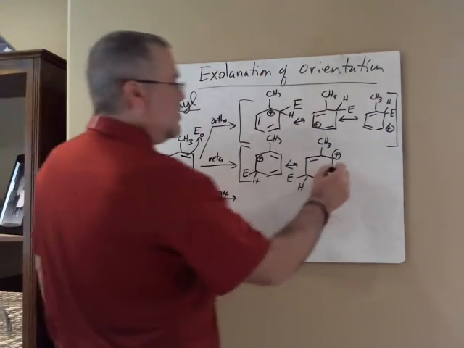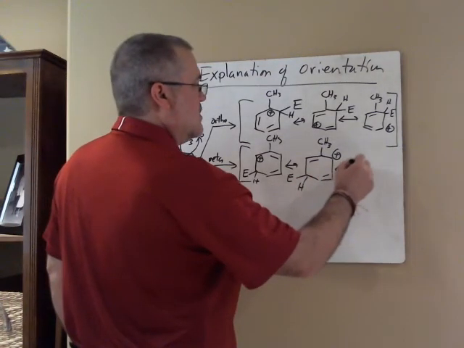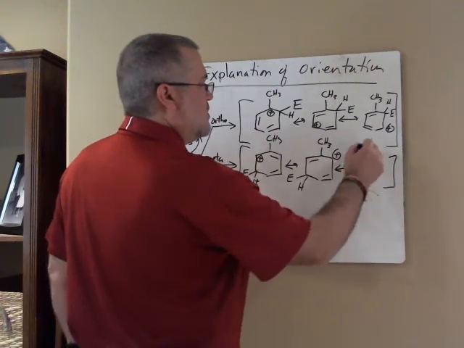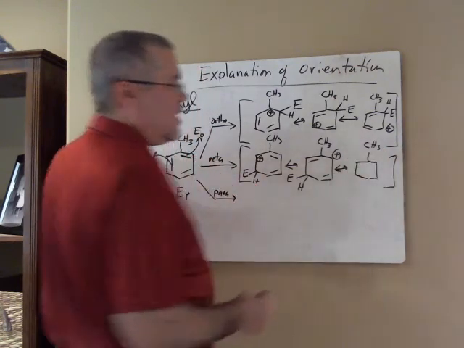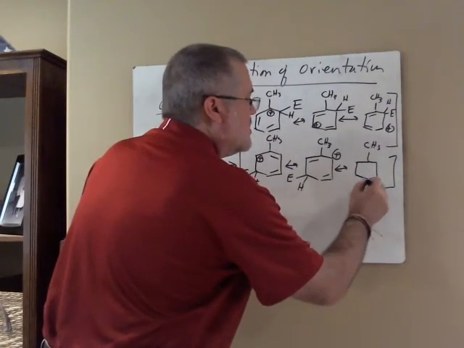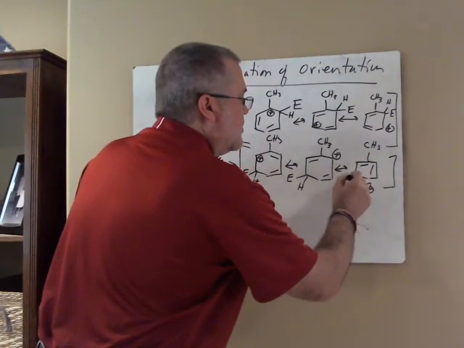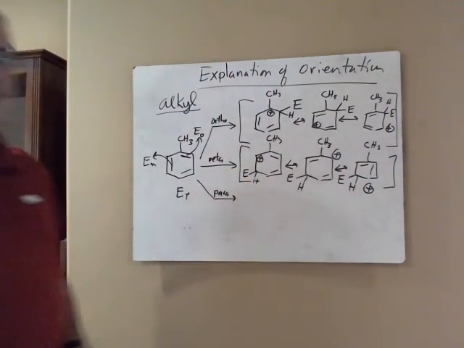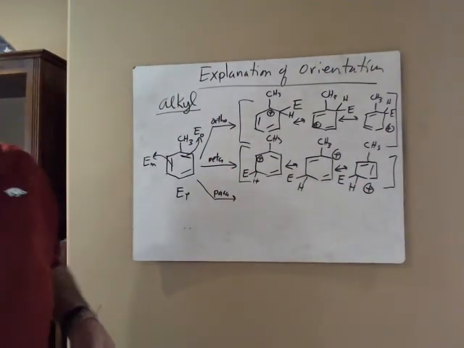And then also moving the plus charge to where? Right here. And then my double bonds would be like that. Okay?